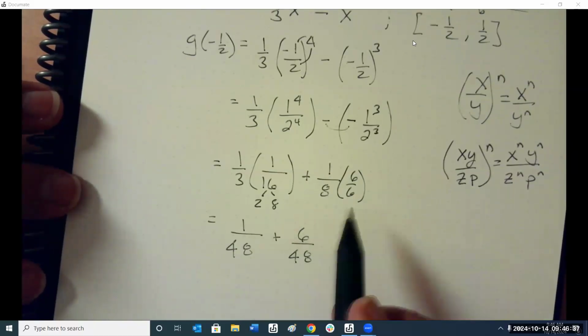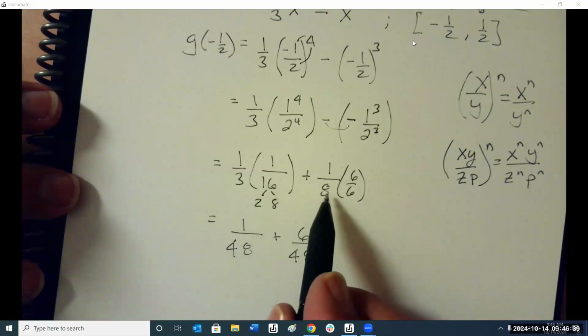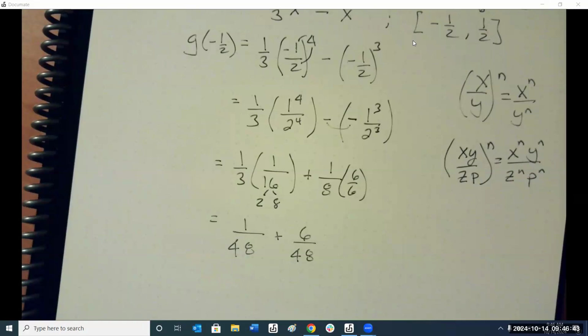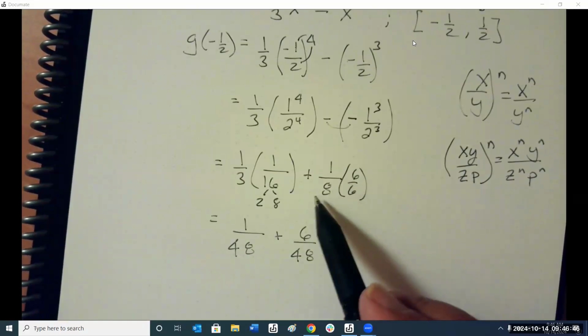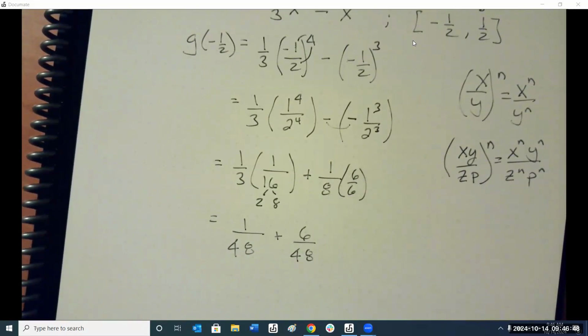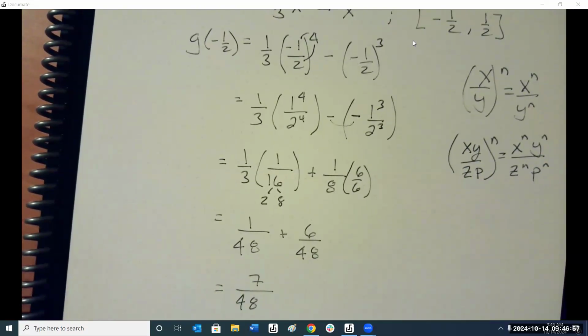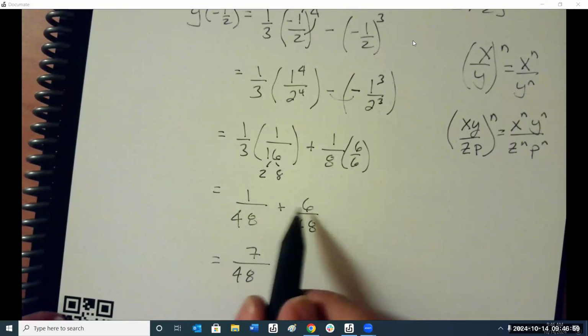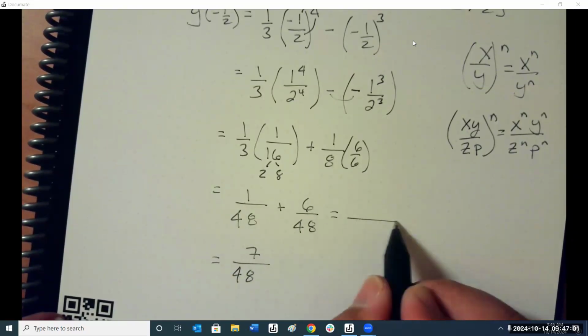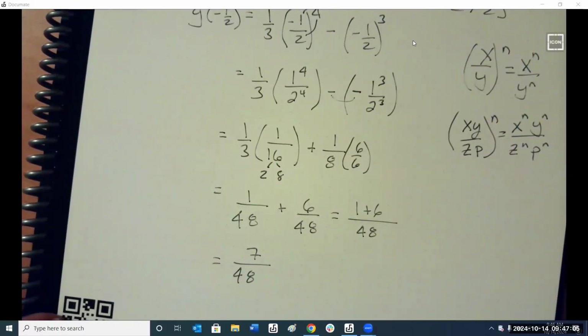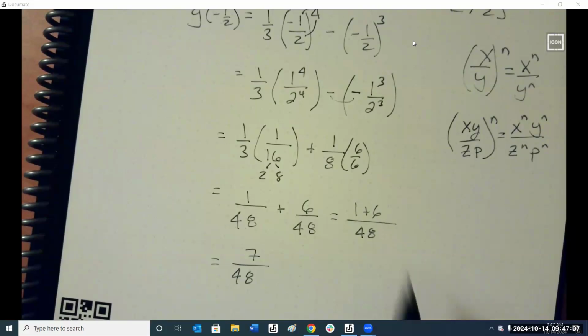You see how I got that? Because if I can make the denominators look the same, then whatever I'm short, I multiply top and bottom. That's one way of doing it. Then we see the answer here is 7 over 48, because we add the top numbers.